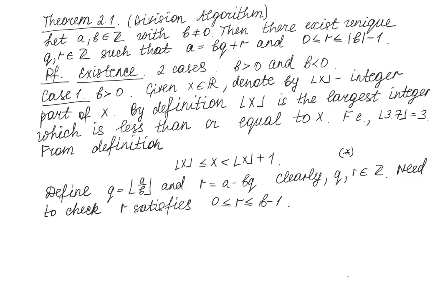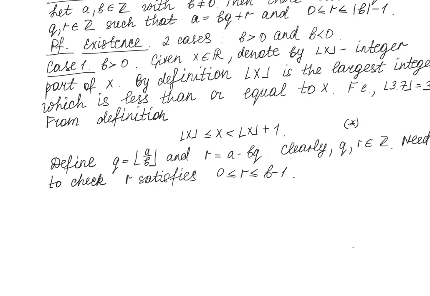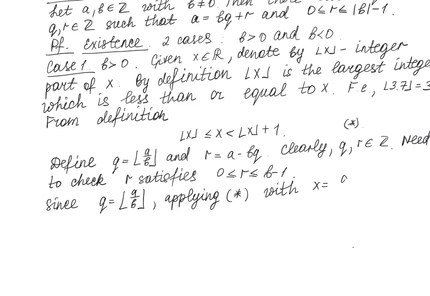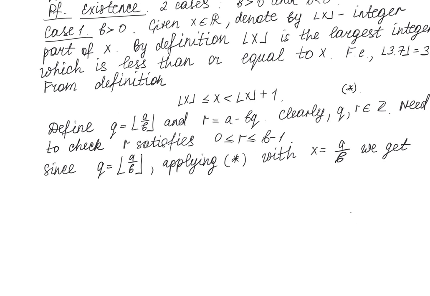Since we are going to use it, since q is floor of a over b by definition, applying star with x being a over b, we get that floor of a over b, which is q, is less than or equal to x, which is a over b, and strictly less than q plus 1.